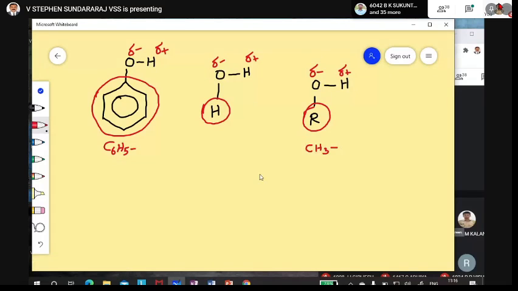Now you know this is a minus I effect, electron withdrawing group. We studied that in class 11 as a basic. This is an electron releasing group or electron donating group. They will donate electron density. Now tell me, see, oxygen is already pulling from hydrogen because of its own electronegativity.